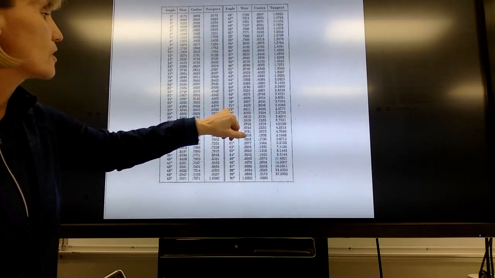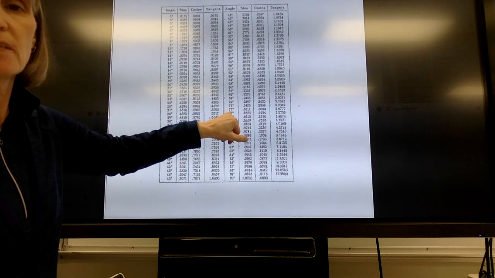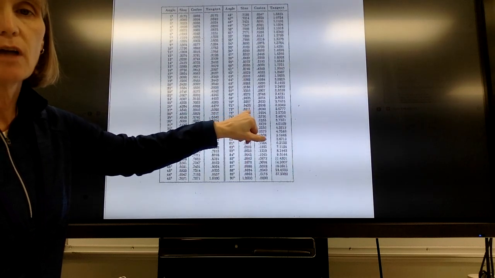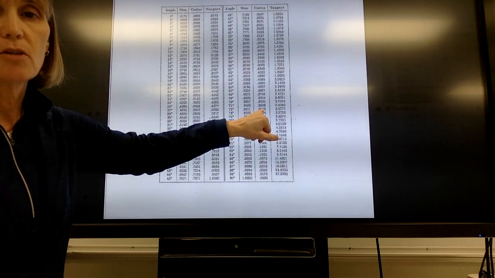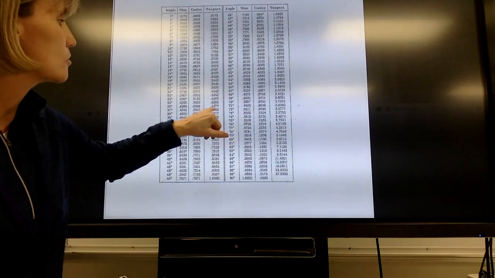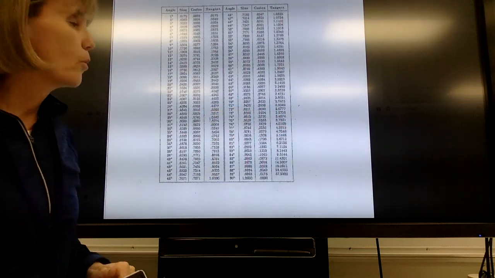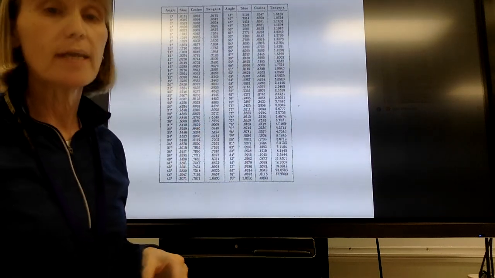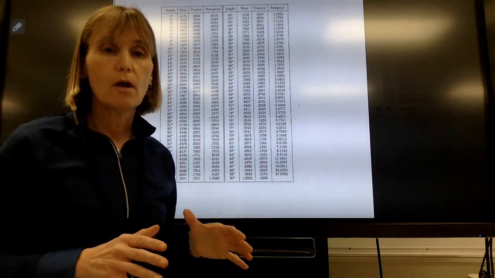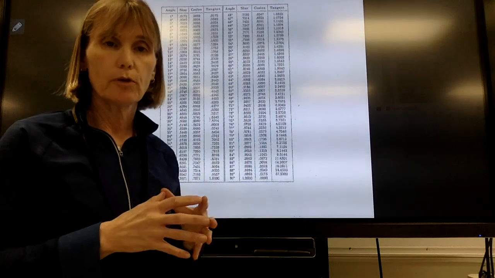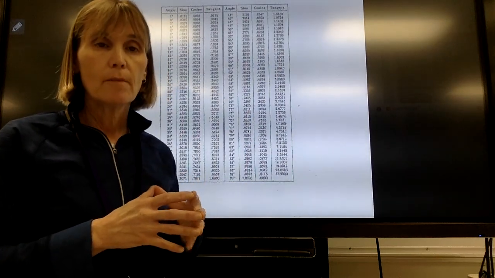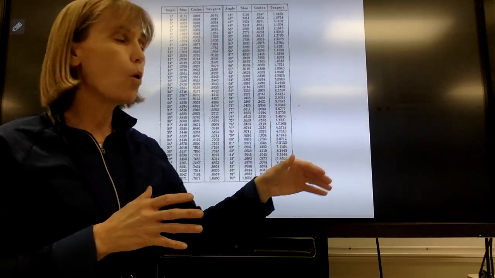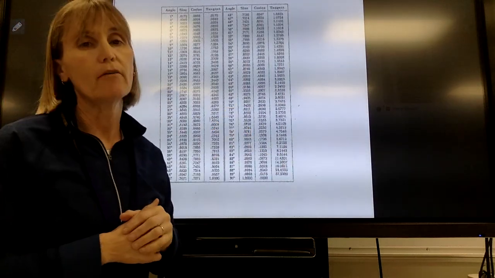So if I was looking for the sine of 72 degrees, here's my 72 degrees. The first column is sine, second column is cosine, third is tangent. So sine is 0.9511, just the same as we got on the calculator. So what we're saying is that in any right triangle, for that particular degree measure of an angle, the ratio of the side lengths is always going to divide out to be 0.9511.